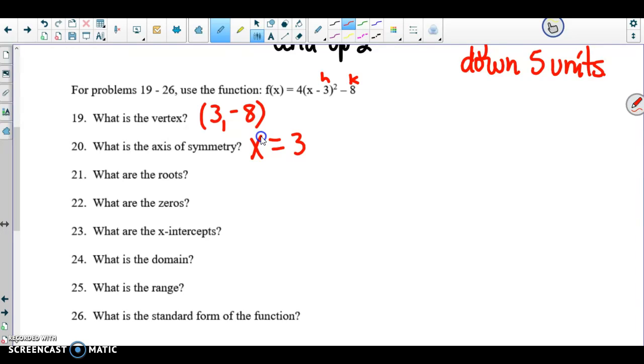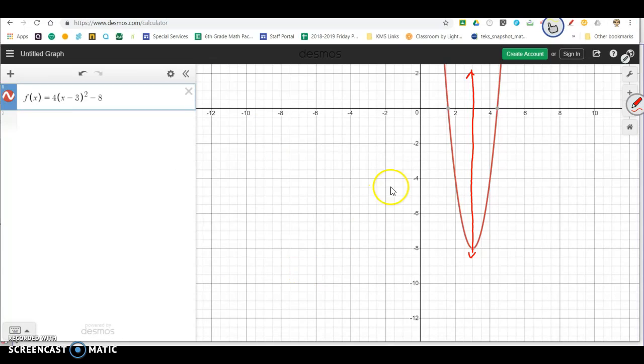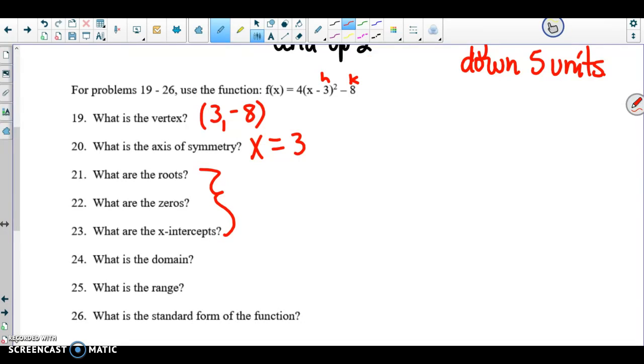Roots, zeros, x-intercepts, we should now know these are all three going to be the same thing. Roots are x-intercepts, they are the zeros. They're actually also the solutions. So if I go back to my things here, one of my solutions is 1.586 and the other one is 4.414.